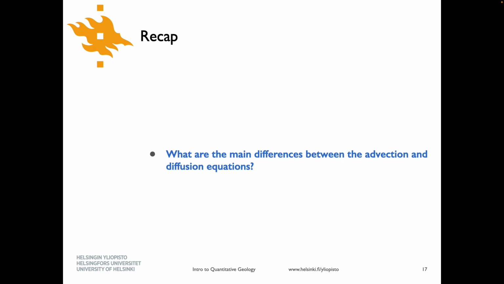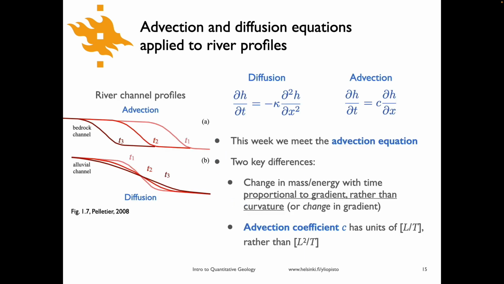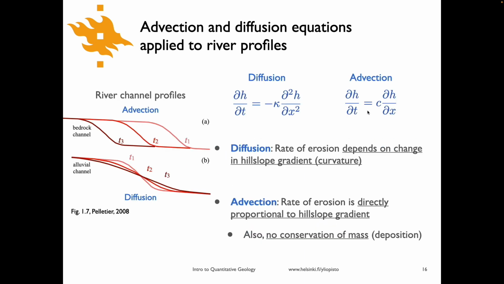So I don't know that we really need to recap the differences between the two equations too much. I think you see it more or less right here, and that is that you've just got a difference in the order of the derivatives.